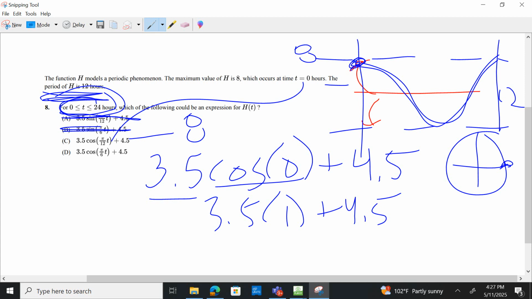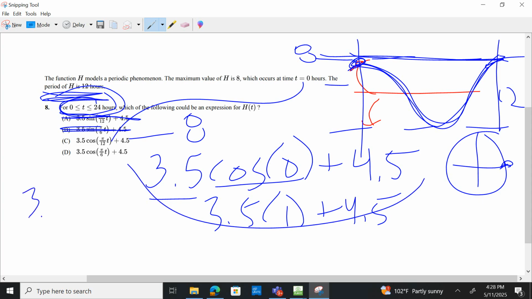So if we're using the cosine function to model this, at t equals 0 and t equals 12 and t equals 24, I'd be at a high point. So I'm going to try plugging in 12 and see if I get an output of 8, which is the maximum. So I have 3.5 times the cosine of pi over 12 times 12 plus 4.5.